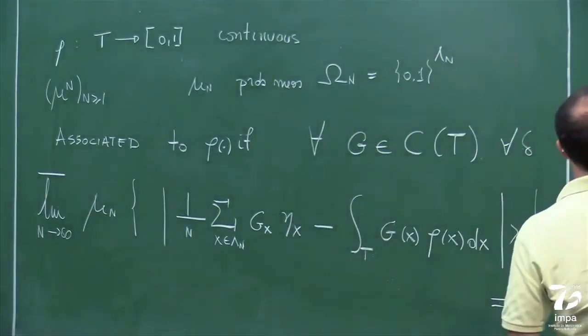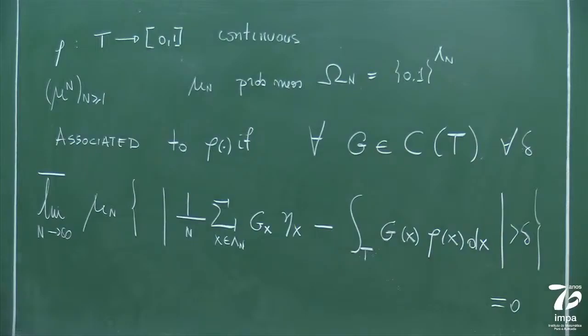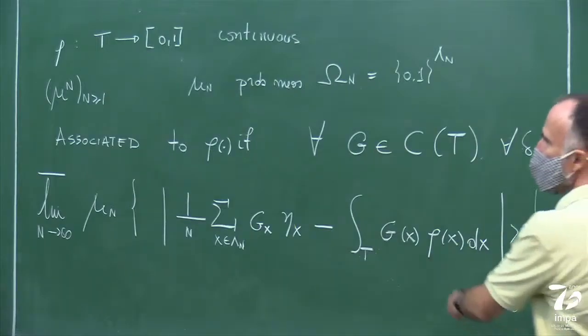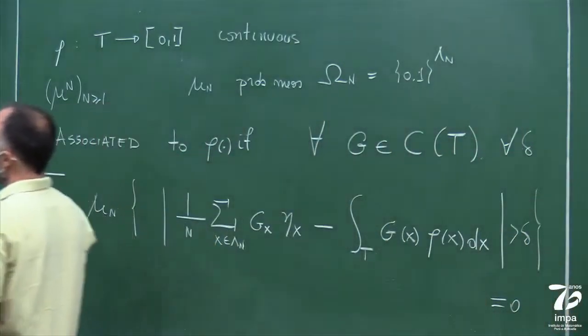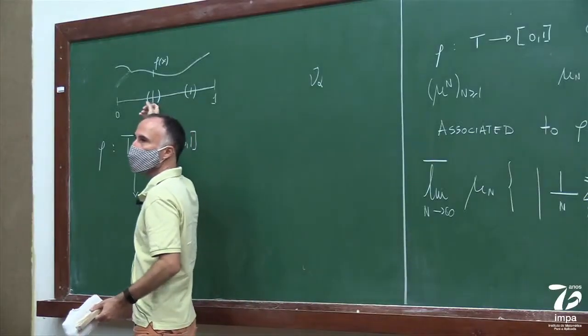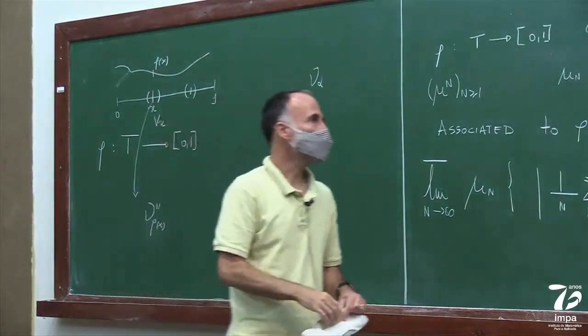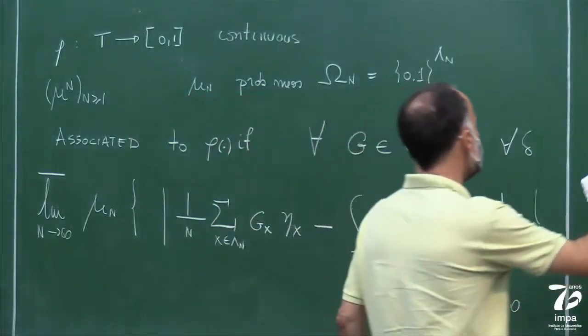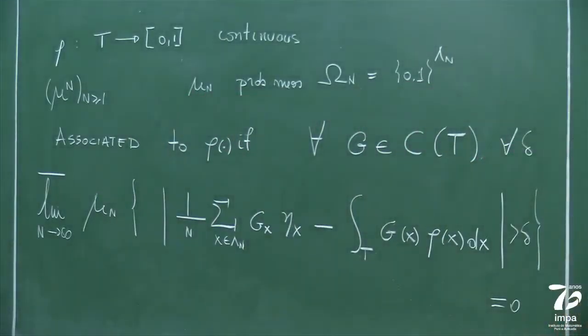So why I'm saying that this is more or less what we have here, let me try to convince you. So assume that this sequence of measures mu n satisfy this property.